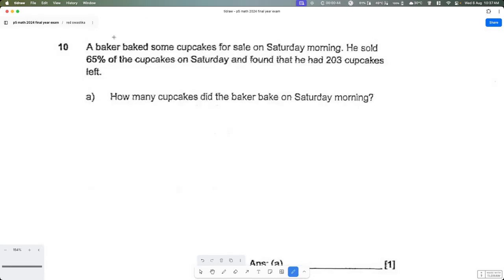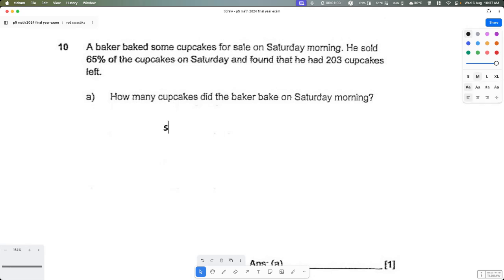Question 10. A baker baked some cupcakes for sale on Saturday morning. He sold 65% of the cupcakes on Saturday and found that he had 203 cupcakes left. Part A says, how many cupcakes did the baker bake on Saturday morning?